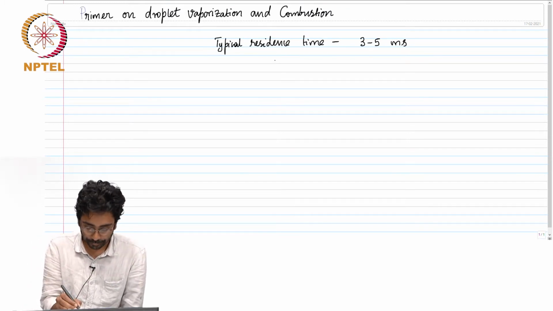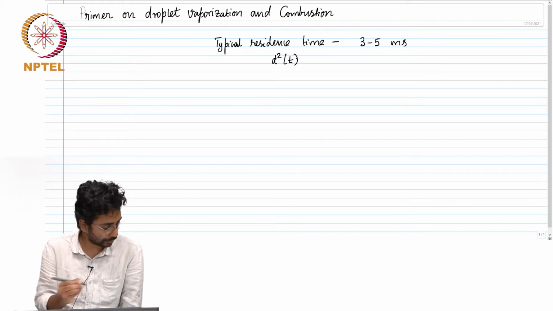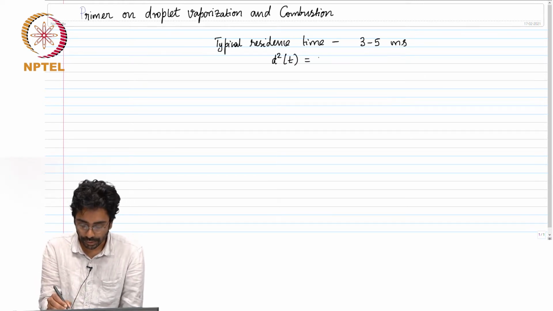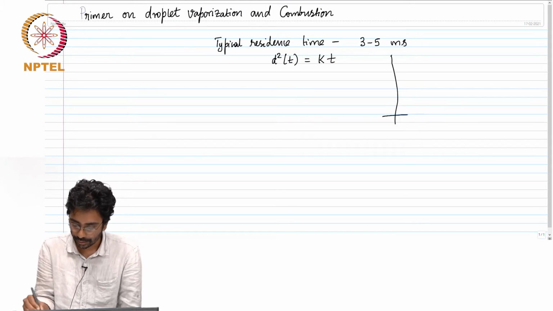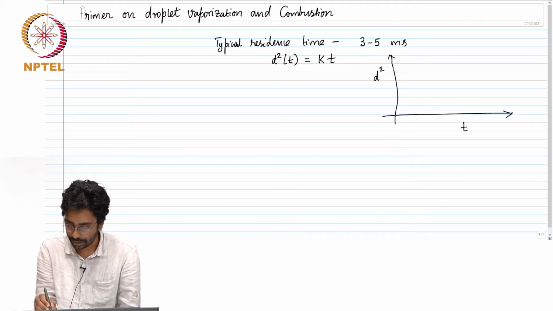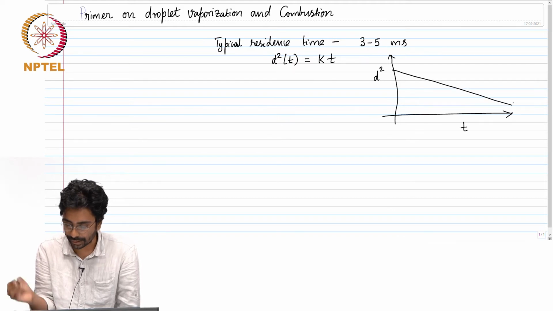We saw that the diameter squared as a function of time is equal to some constant multiplied by time. Remember that what we saw in the video, the diameter squared plotted as a function of time, looked like this, a straight line.